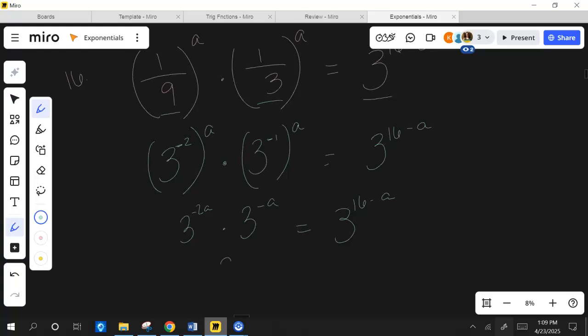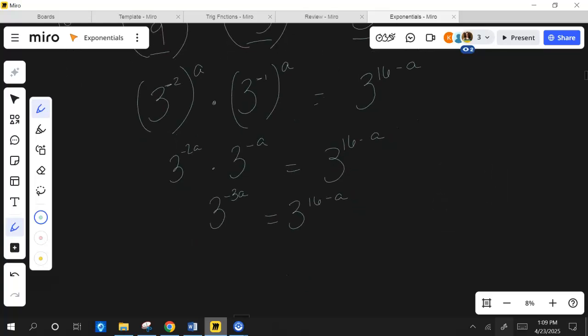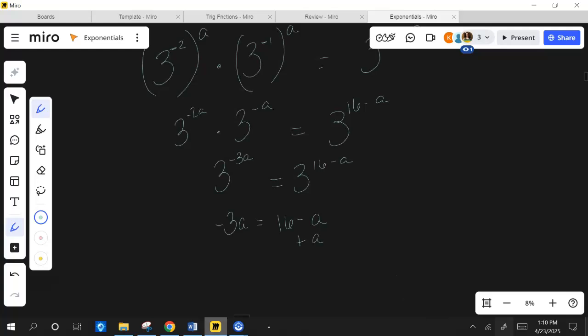So 3 to the -3a. Now I can drop the bases since they're the same. So -3a equals. A equals -8.